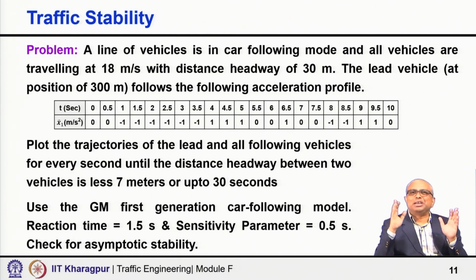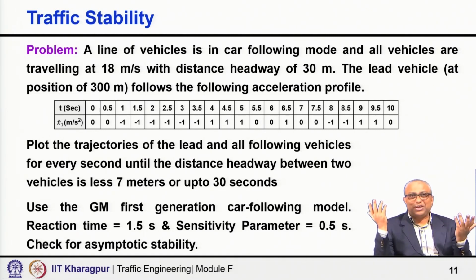The 7 meters is taken as a threshold for this problem, and it is not unrealistic, it is very realistic I would say. Less than 7 meters means a collision is almost going to happen, because we do not really know whether a collision may happen or not, up to 30 seconds.